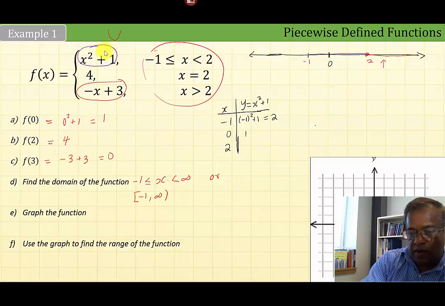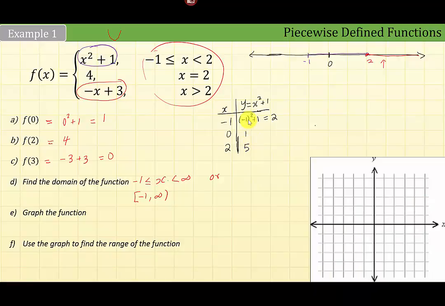And for this function, even though 2 does not belong to this, we are going to use this one just to find this point. So when 2 comes, we get actually it will reach 5. But that point does not belong when x equal to 2. This is not the point. So in the graph, we need to make a hole.